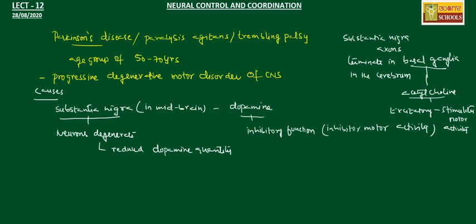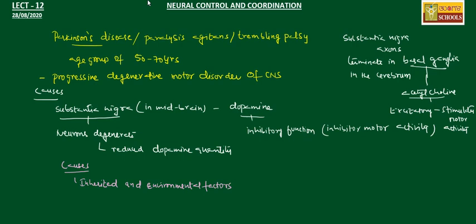Now coming to the causes. What are the causes here? We believe there are mainly two causes. One is that it is inherited from the parents, and there may also be some environmental factors.